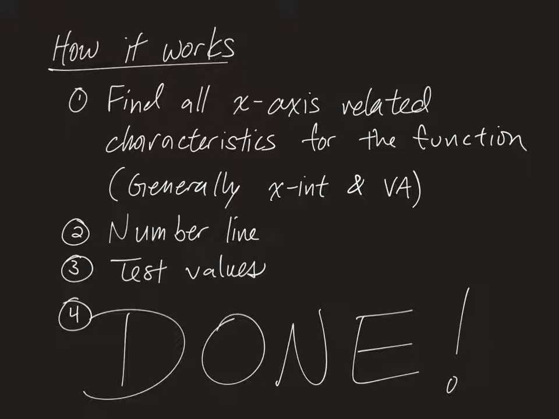Then you'll notice those x-axis related characteristics form different intervals along the number line. So we have to test values in each of those intervals, mark them as true or false, and then we can write our answer in interval notation. And we're done. Let's look at examples.